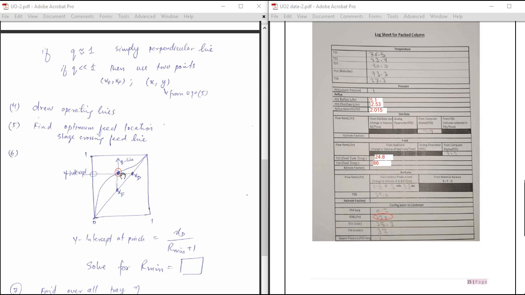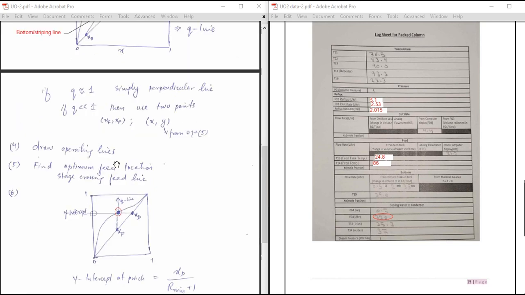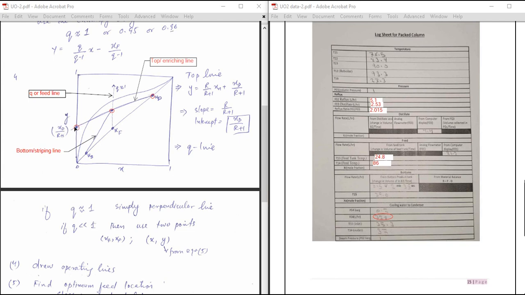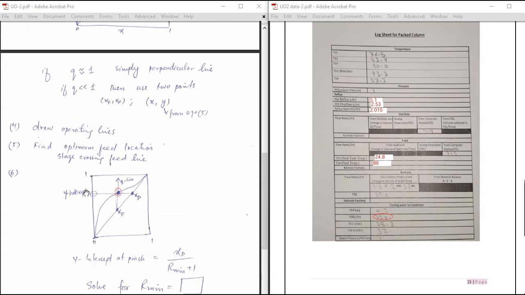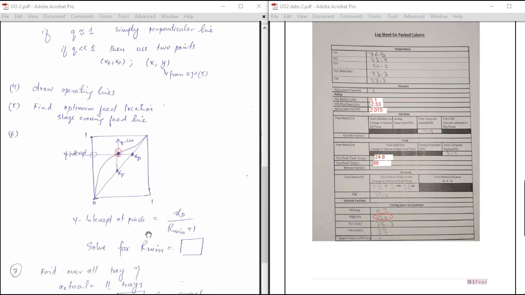If you start from xD and draw the line passing through the pinch point and extend it to the y-intercept, this is the line of minimum reflux. From this line, either from the slope or from the y-intercept, you can find the minimum reflux. As we studied, this intercept is xD by R plus 1, so similarly this intercept will be equal to xD by R plus 1, but in this case R will be the minimum reflux. You know the value of the intercept from the graph, and you know xD, so you can solve for R minimum and report the minimum reflux ratio.